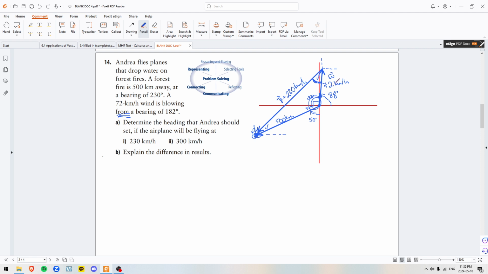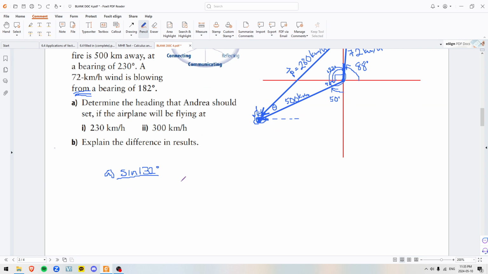Yeah, I think we got it. I am aiming for this angle, so how about we call this theta and alpha.